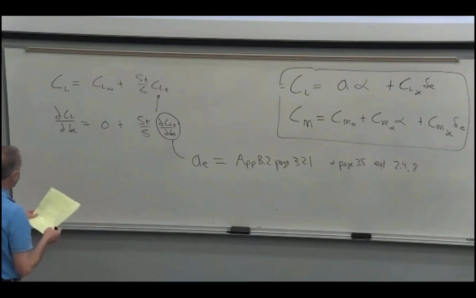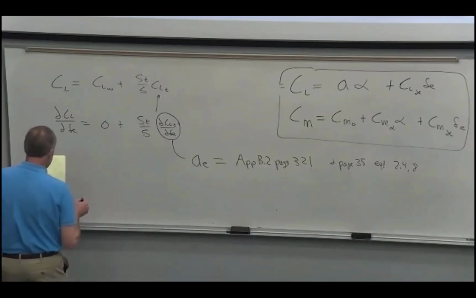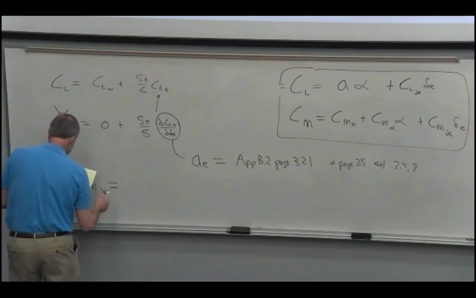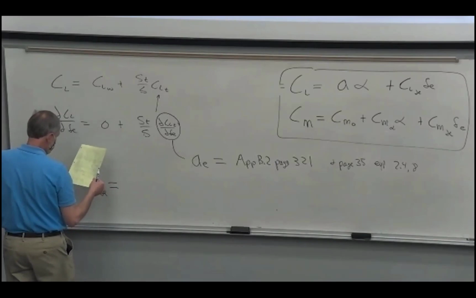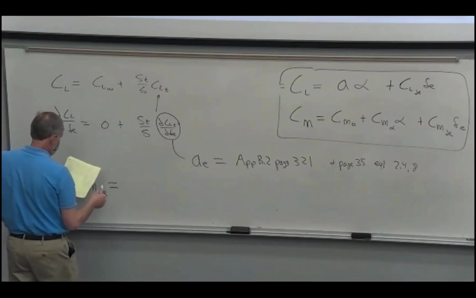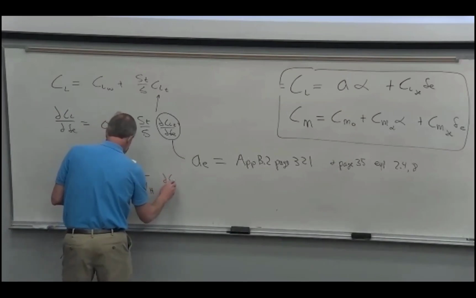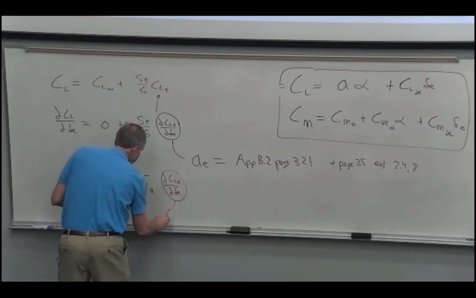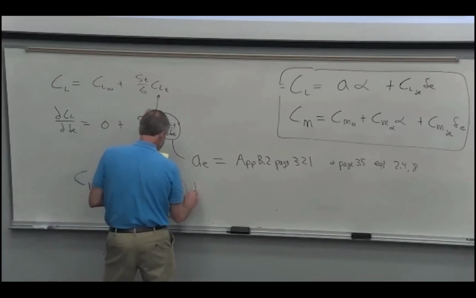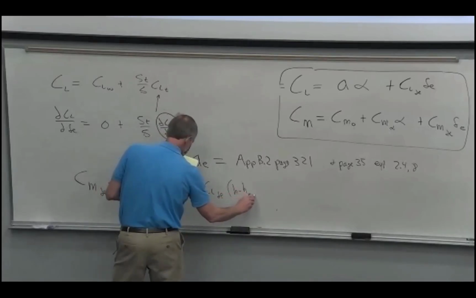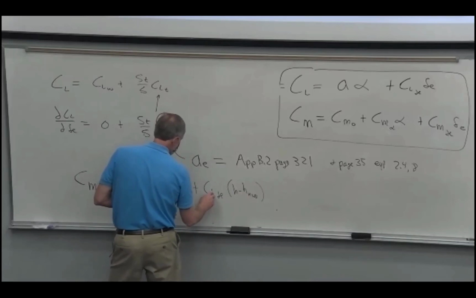And then how do you get the pitching moment of the elevator? This is the A sub E thing that we get from the appendix. And then there's the effect of the elevator on the lift times the moment arm.